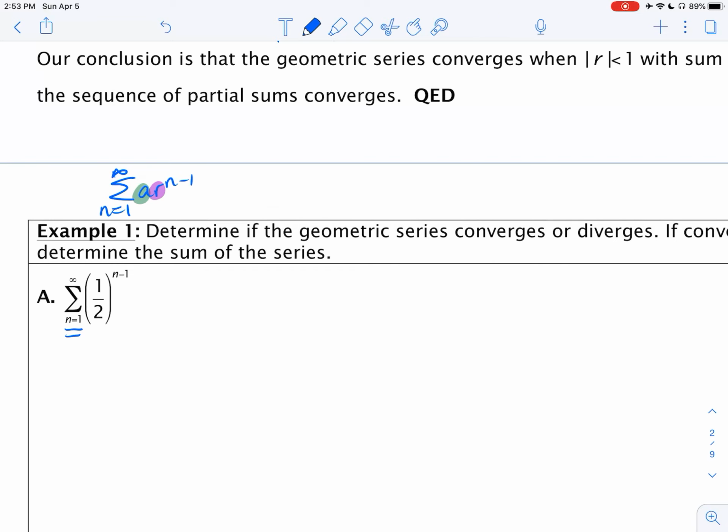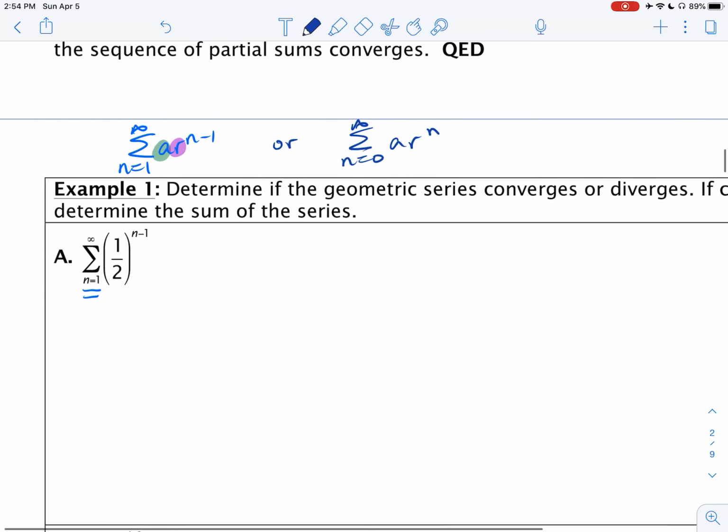Or we want to make it look like the sum from n equal to 0 to infinity of ar to the n. So notice the difference. Here we want to make this look like r to the n minus 1.